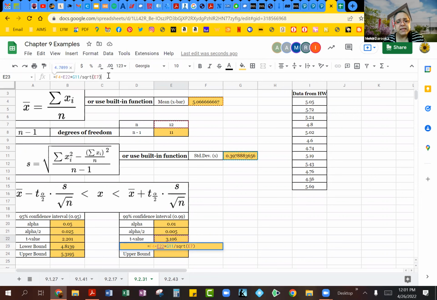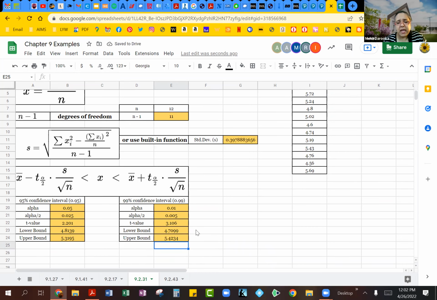Everything else will stay the same because your X bar, S, and square root of n values are not going to change. And I'm going to copy that and paste it for the upper bound. And of course, in this case, you are just changing the minus sign to a plus sign. And make sure you still have that E22 for your t-value in there.